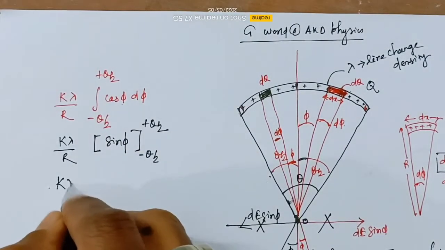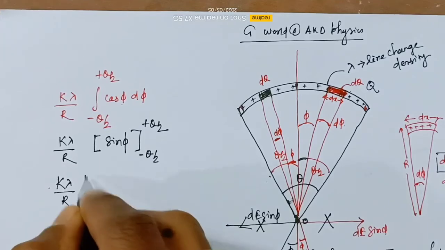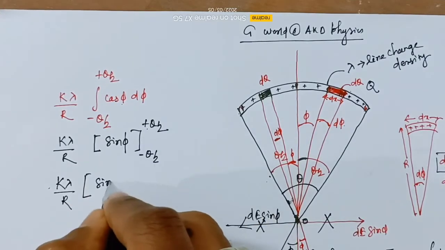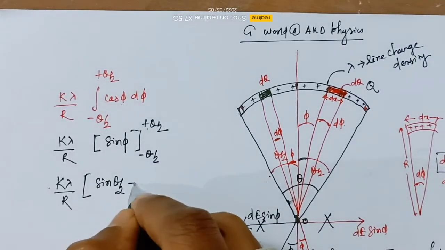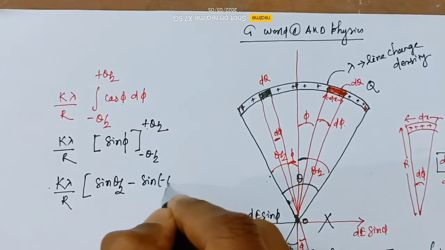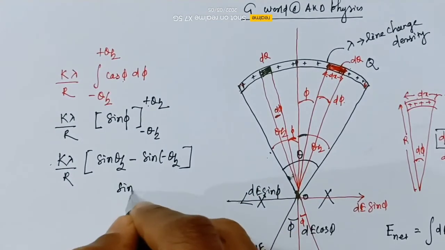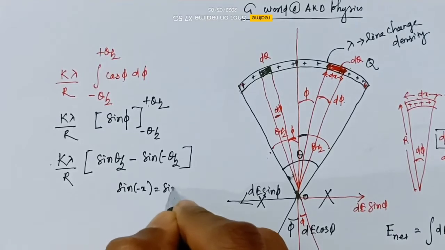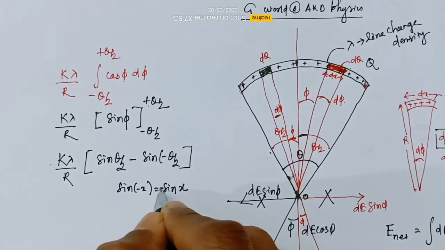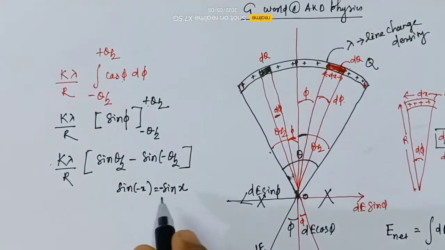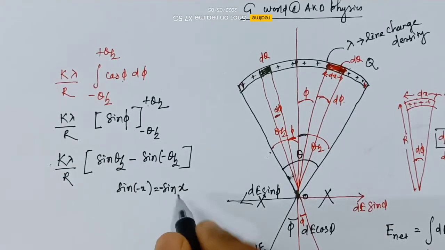So what is the expression? That is k lambda by r. If I put in my upper limit, this is sin theta by 2 and this is sin minus theta by 2. And we know that sin of minus x is what? Minus sin x. Cos of minus x equals what? Cos x. So sin of minus x can be written as minus sin x.